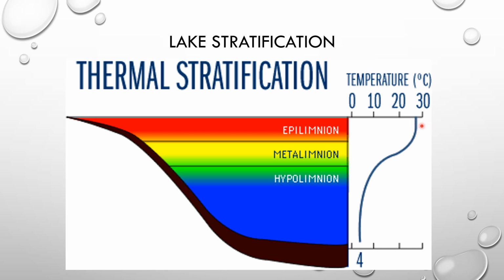It's in degrees Celsius, and then it drops off as it gets on down to closer to about 10 degrees Celsius, and then on down to 4 degrees Celsius, not quite freezing. But these would be the temperature ranges of any body of water.